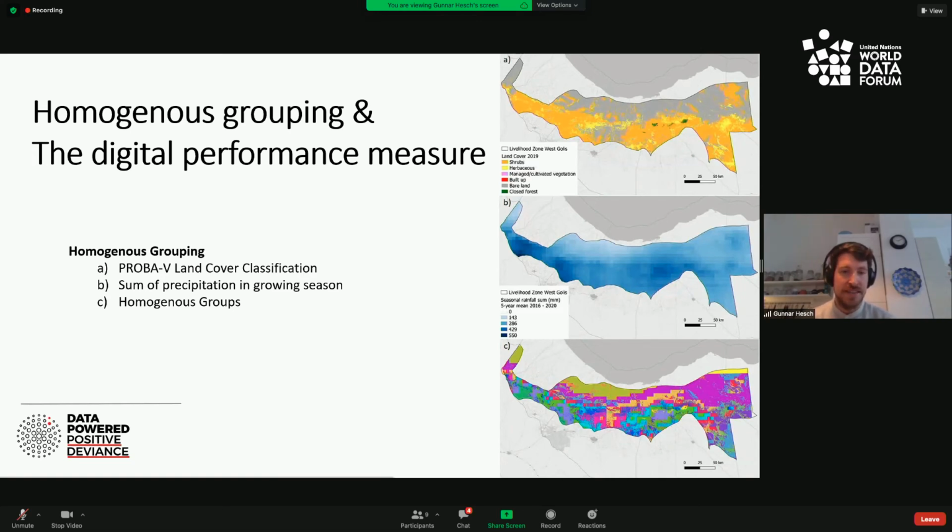The second factor is rainfall. Here we used the precipitation data set and aggregated the precipitation in the growing season. And this is visualized in the blue map. Using these two variables and the clustering algorithm, we then created our homogeneous groups, which you can see in this very colorful map, the third one.